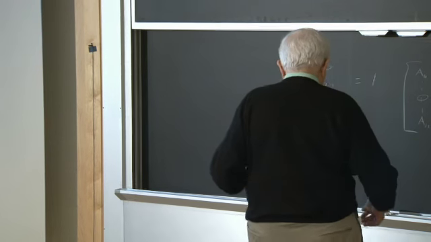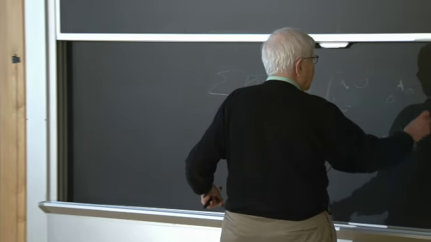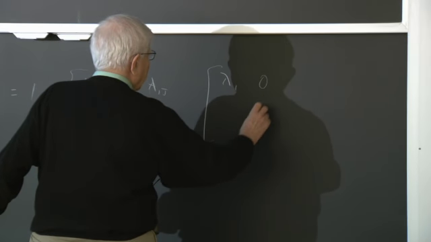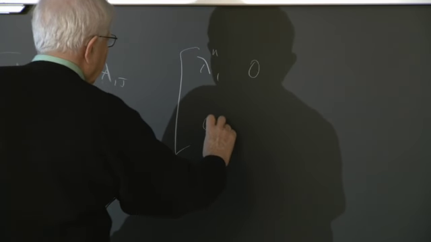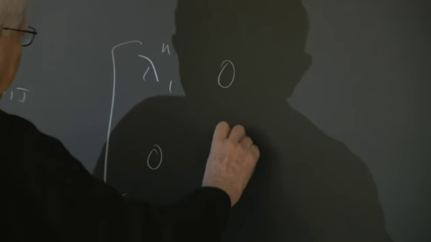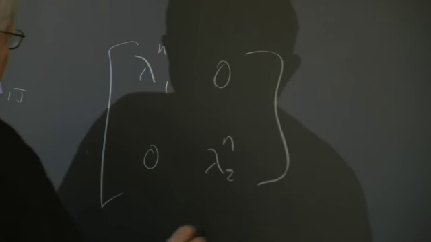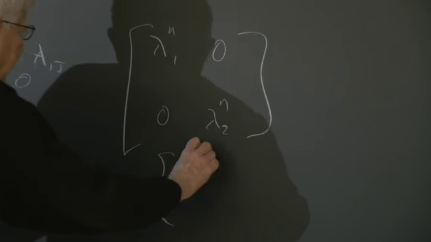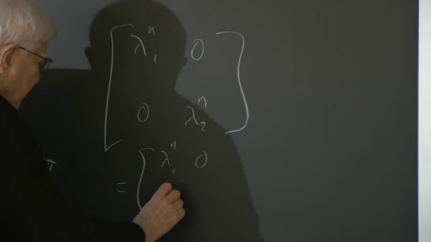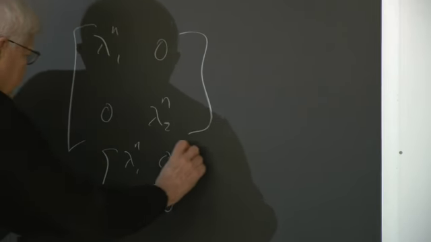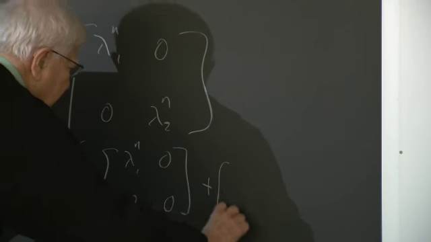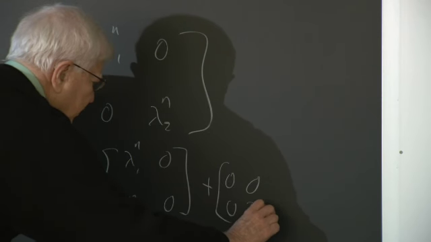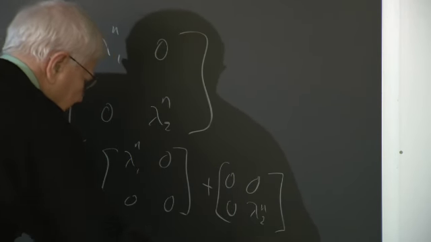For the case here, we take lambda 1 to the n, 0, 0, lambda 2 to the n, and represent it as lambda 1 to the n, 0, 0, 0, plus 0, 0, 0, lambda 2 to the n.